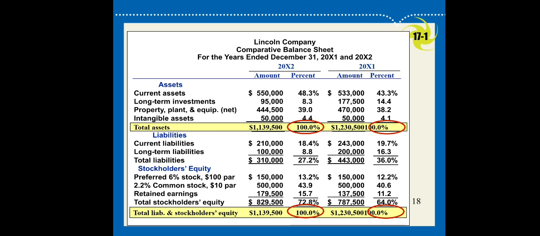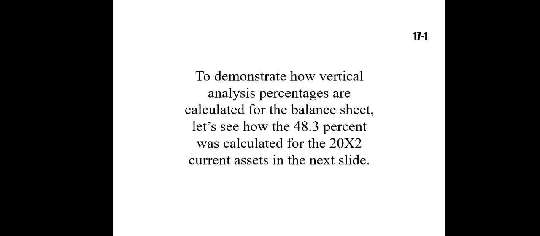So see here, when you calculate the percentage for asset, you have to make total assets equal to 100%. Okay, so you have to make the total asset 100%. So when the total asset is 100%, then you can calculate the percentages.